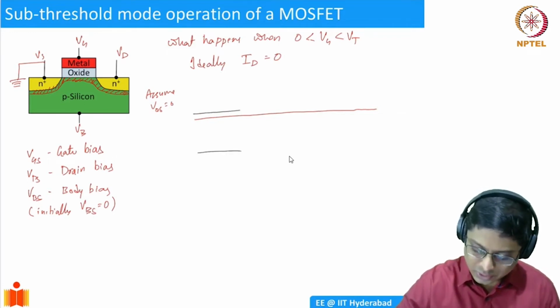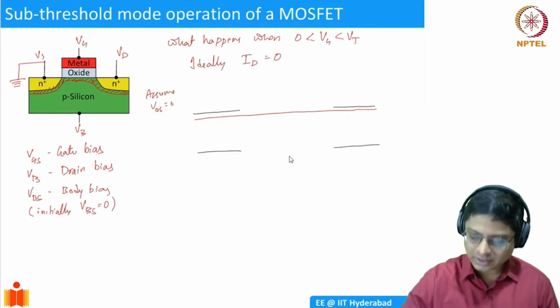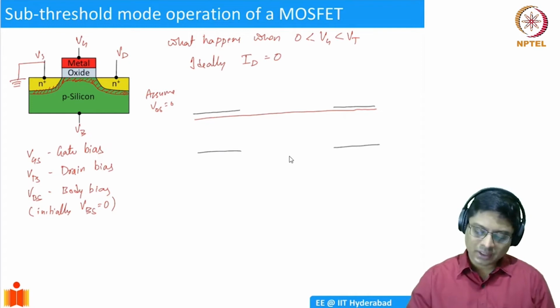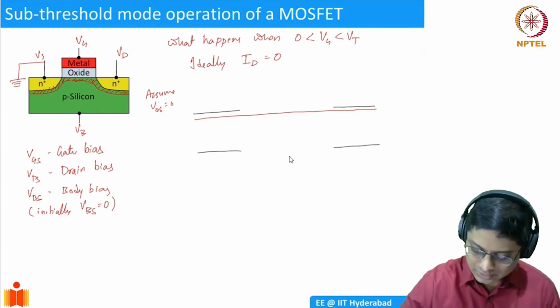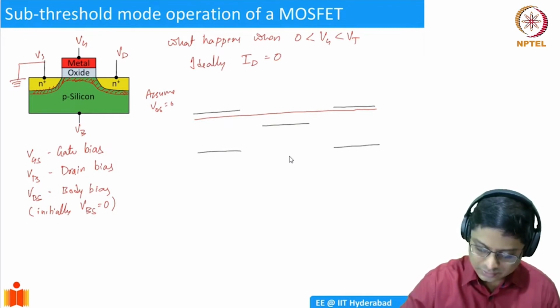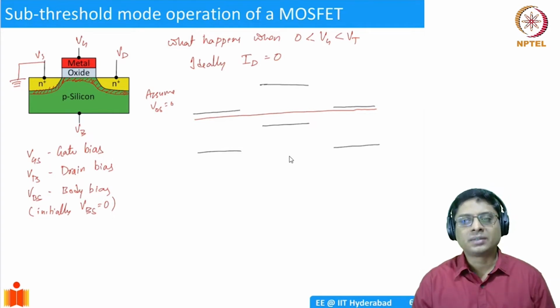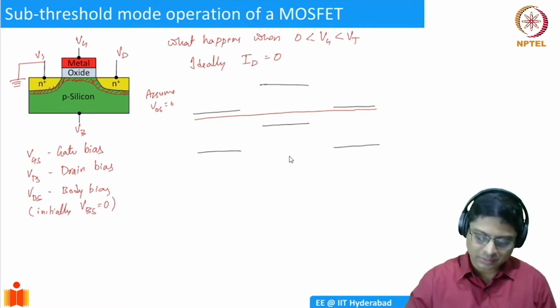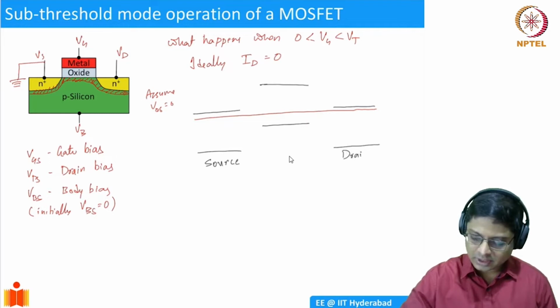Similarly, on the other side, there's going to be another semiconductor like this. And in between them, there is a P-type semiconductor. This is how your semiconductors behave. So this is my source, this is my drain, and in between them is a channel region.